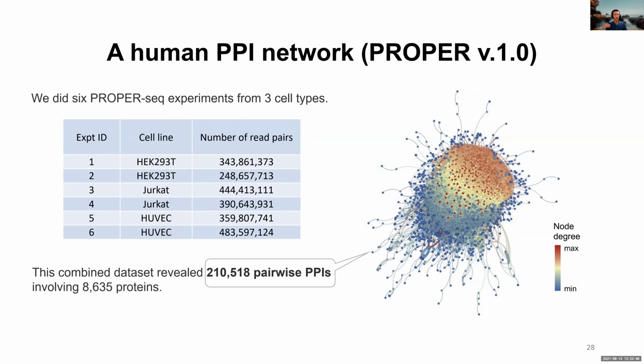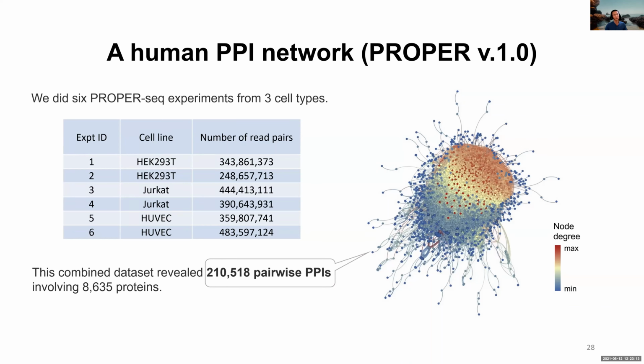All databases documenting PPIs of the human genome to date hold approximately 150,000 PPIs from all high-throughput, low-throughput, and curated experiments. So these experiments contribute approximately the same number of PPIs as all previously documented PPIs to date.